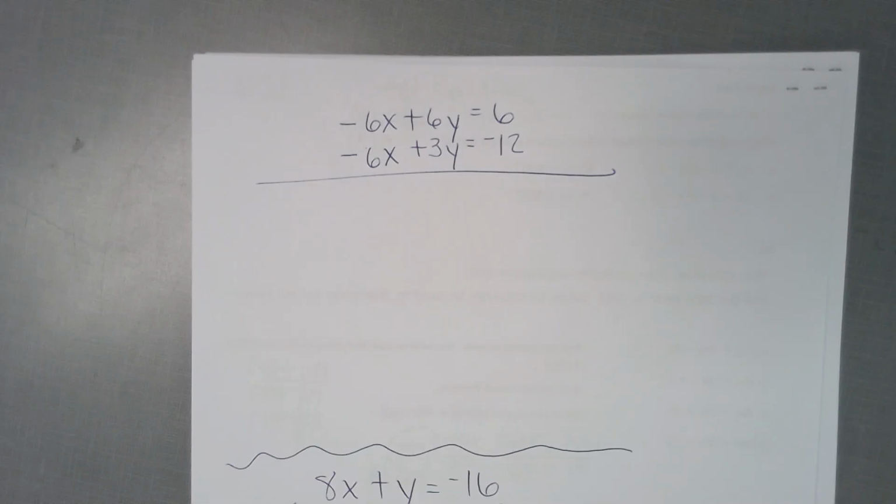You got -5? Okay, if we multiply by the -2, it's still going to work. So now I'm going to multiply by -2. So this is going to be 12x, this is going to be minus 6y, and this is going to be a positive 24.